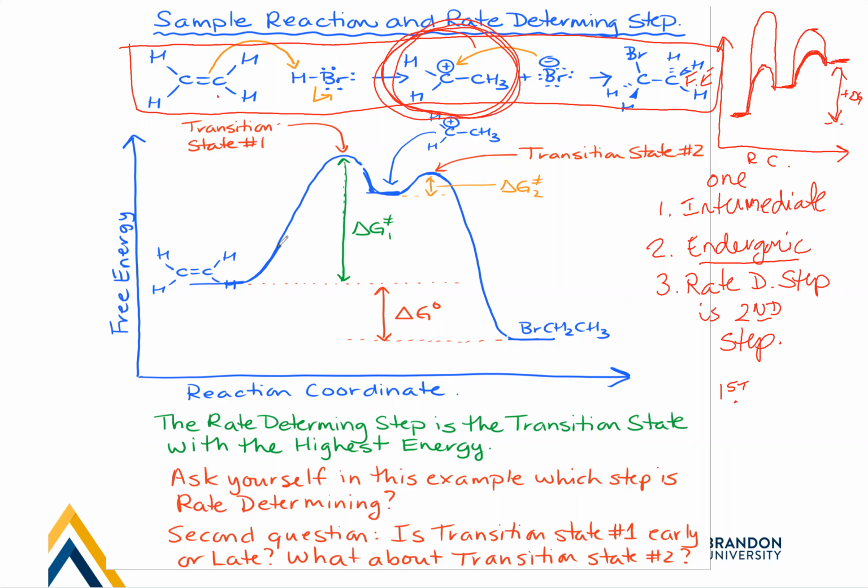So we would expect that this peak would be quite high to form this unstable product. And from here, we're going to something where all the bonds are filled. This molecule would be happy to have all its bonds formed. So having a bromide attack this should be a relatively quick process. Because this is so unstable, forming it has to take a lot of work, but it reacting with something should be quite quick.